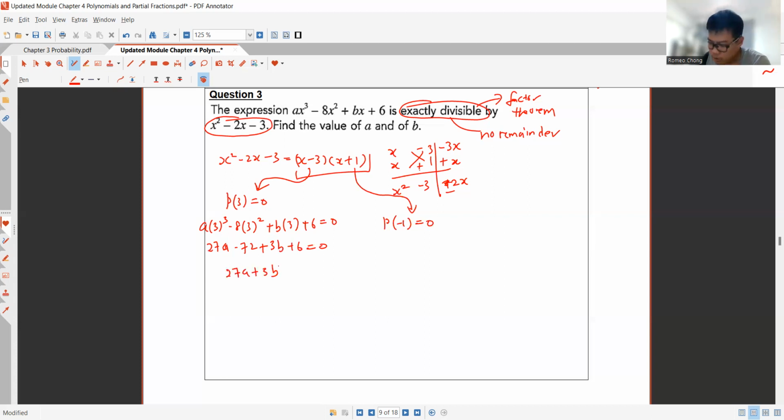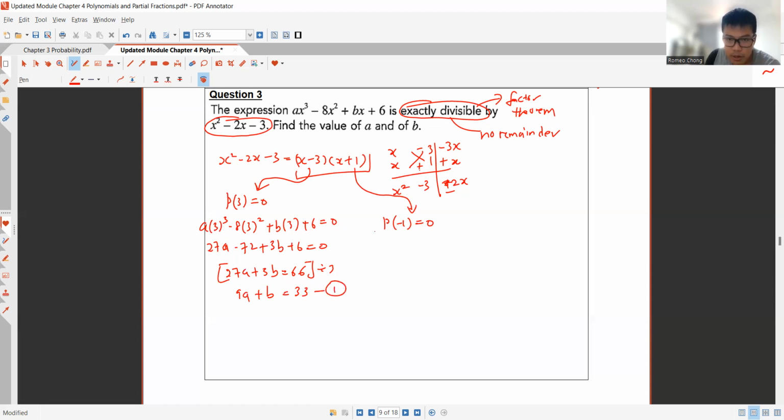Negative 72 plus 6, you get negative 66. Move to the other side, it becomes 66. I'm sure that you can divide by 3. So I get 9a plus b equal to 22... rather 3 divided by 3 gives 1 for b, and the other one you get 33. So this is your equation 1.